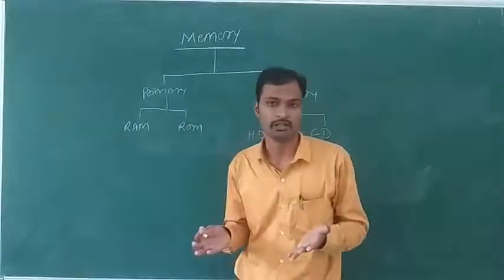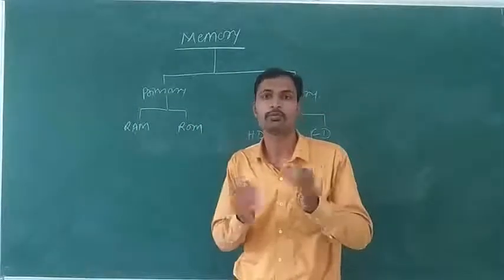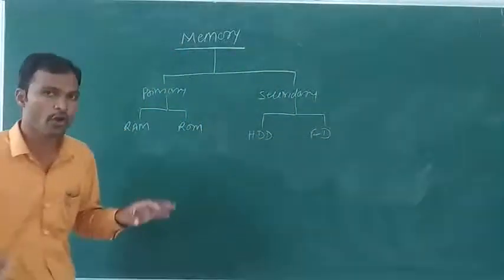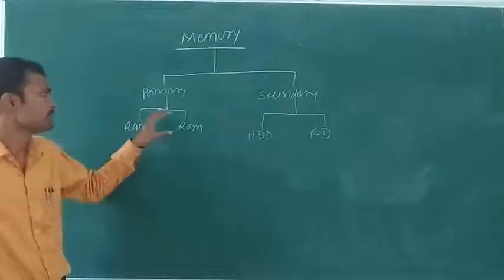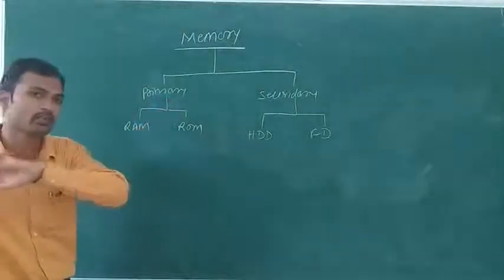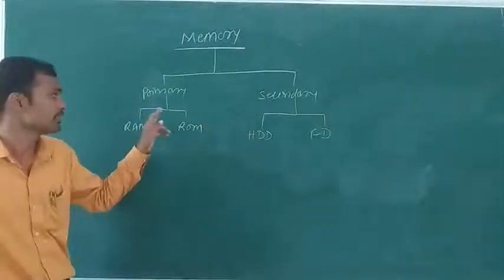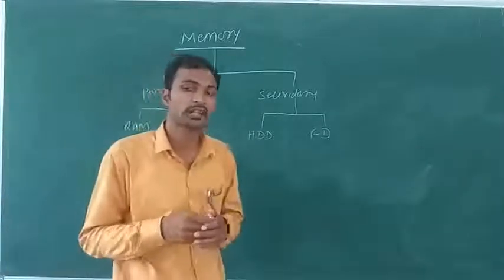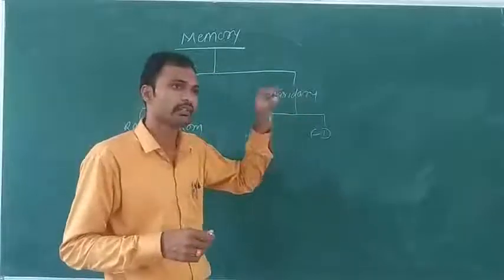It is a temporary memory. It should not hold data for future purposes. Once your power goes off, whatever contents are available in primary memory will get lost. But even though power lapses, the data available in secondary memory is safe.